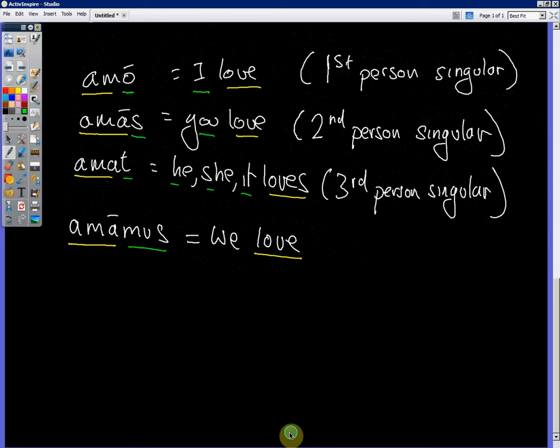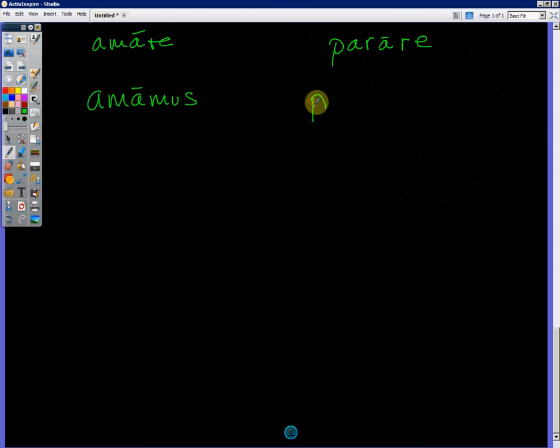Amamus, we love, comes from amare, to love. So if I give you parare, to prepare, a verb we have done, we can work out that I go to the stem, para, I put a mus on the end, so paramus means we prepare.